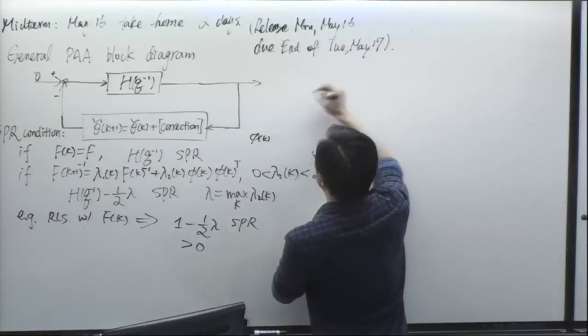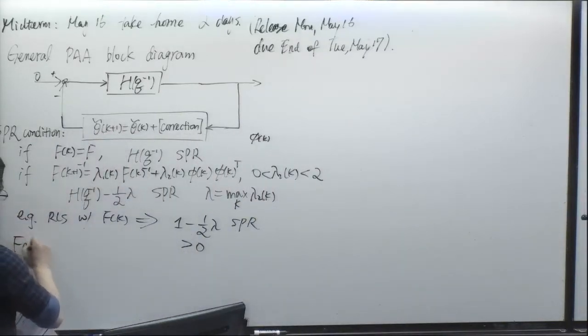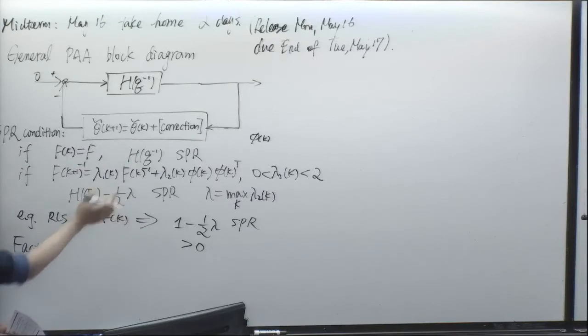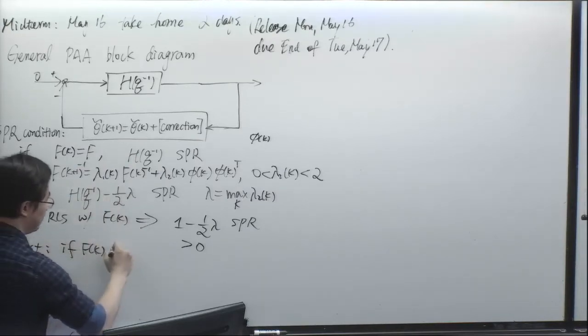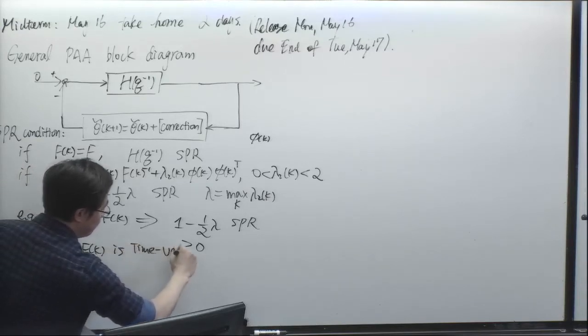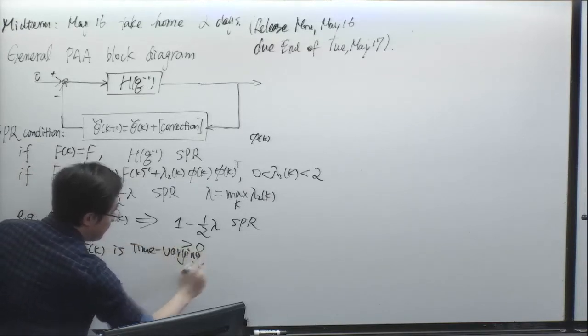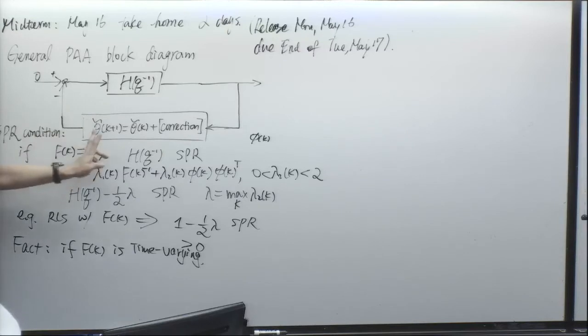The general scenario, the fact that we have to live with, is that if Fk is time varying, then this block itself, which is passive in the past, is no longer passive.